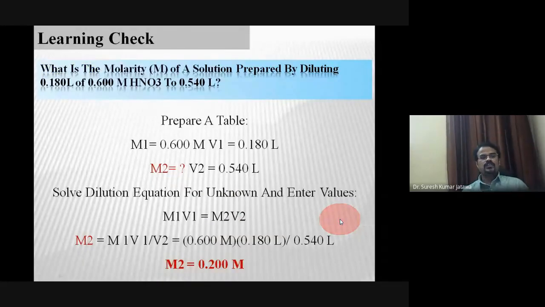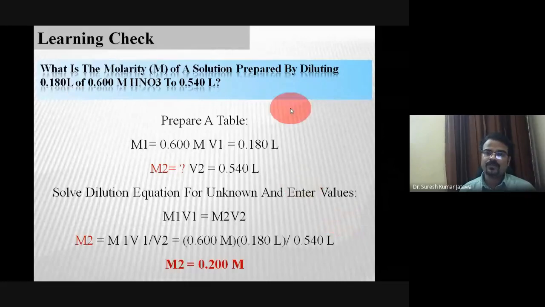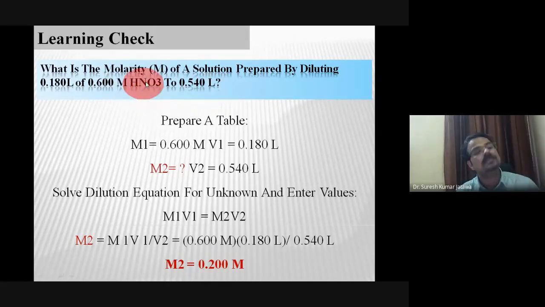It is another question. What is the molarity of solution prepared by diluting 0.180 liters of 0.6 molar HNO3 to 0.540 liters? Please prepare a table by reading this carefully. What is given? Given is 0.6 molar, that is your M1.